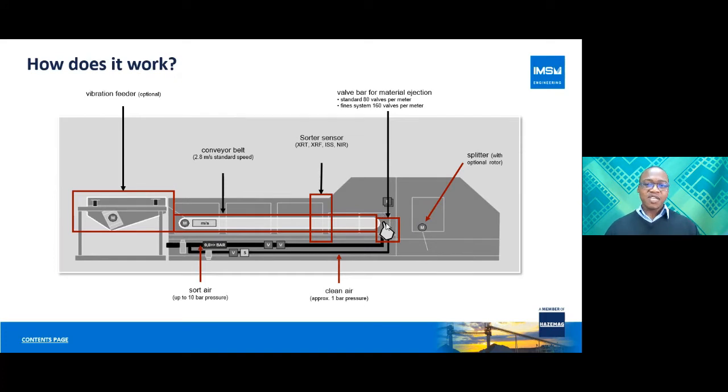Depending on what you've selected to eject, you could either eject on waste or on your product. The ejected material goes to the far end of the sensor sorter, and a splitter plate separates your ejected material and your accepted material. The material that's accepted, in this instance let's say product, would then fall behind the splitter plate.